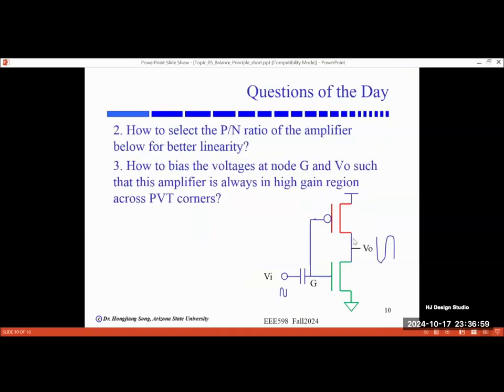In the second question, for this amplifier, what should be the PN ratio to get the best linearity of the circuitry? In the third question, how can we bias this amplifier input node VG and output VL such that this amplifier is always in high gain condition across PVT corner? The answers to these questions will be published in later chapters.